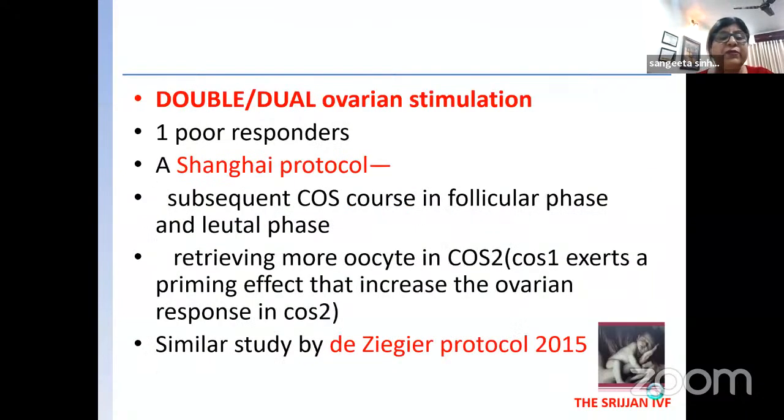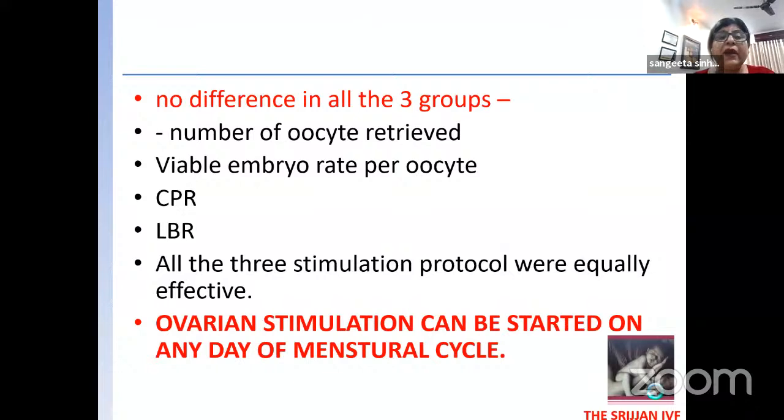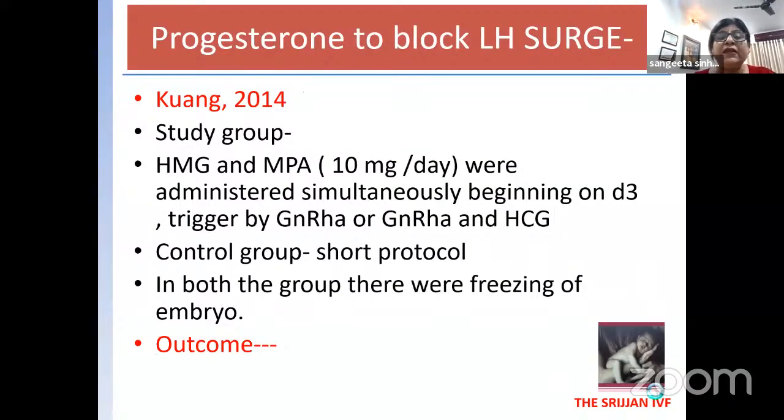I've been allotted 20 minutes, I will finish in another 2 minutes only. So double stimulation or dual stimulation can be done in patients where there is a need of the hour, not as a fashion. Anytime you can start the stimulation, but that should be the need of the hour, like she has to undergo chemotherapy or some cytotoxic drugs or radiotherapy. Again, there's some new thing that progesterone you can use to prevent the LH surge.